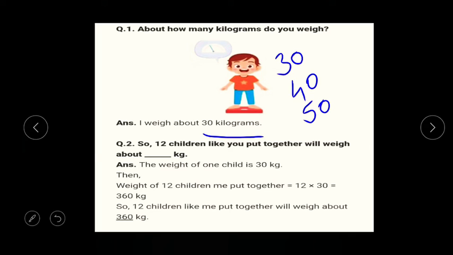In the next question, they have asked, so 12 children like you put together will weigh about dash kg. Here we have to find a weight of 12 children with 30 kilograms because your weight is 30 kilograms. So let's see how to calculate such a weight.